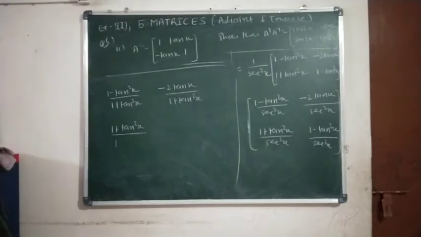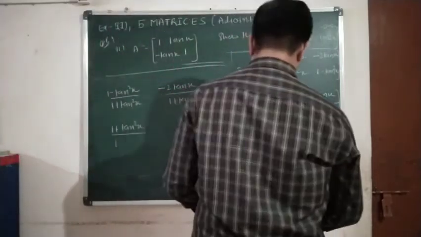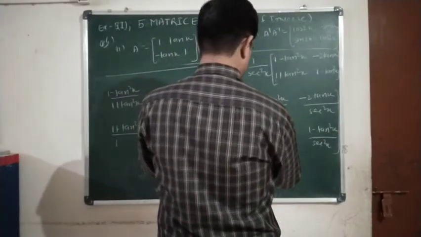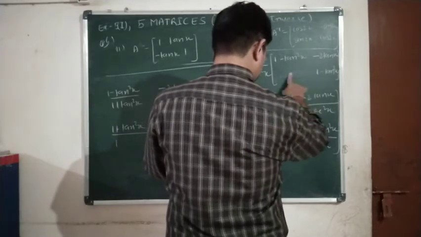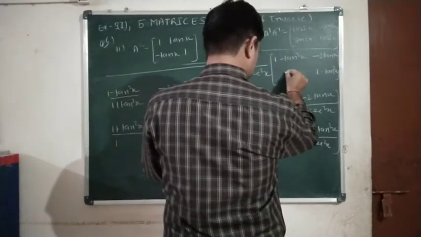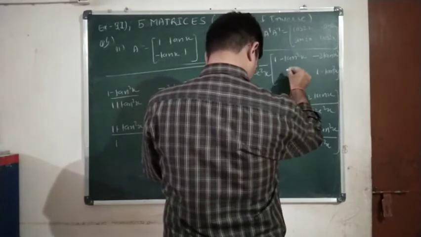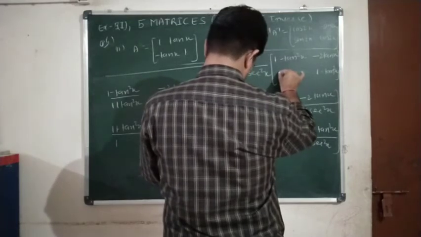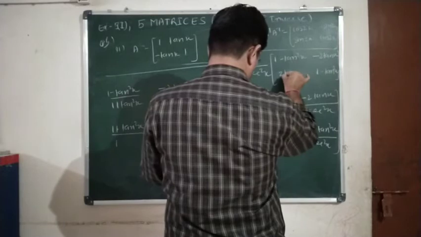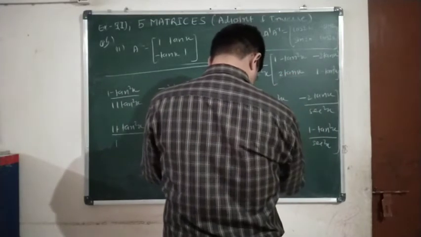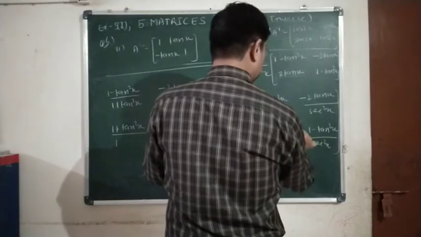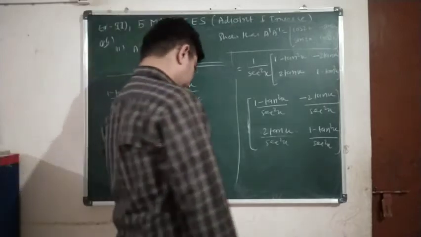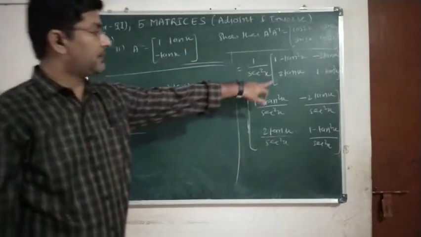Here we have made a mistake in multiplication, because we want sine 2x, so this must be 2 tan x. Yes or no? Then only we will get sine 2x. Clear? So you should correct this one step over here.